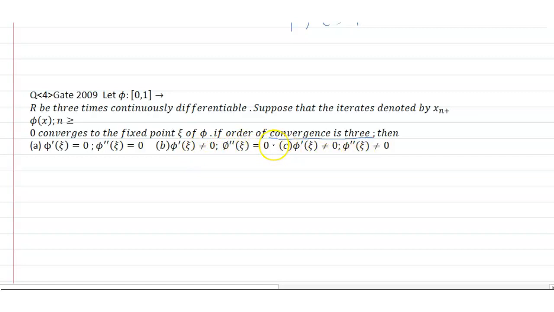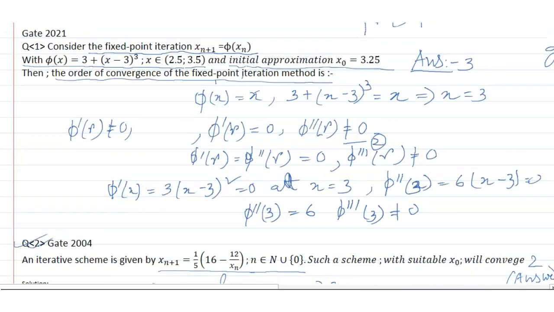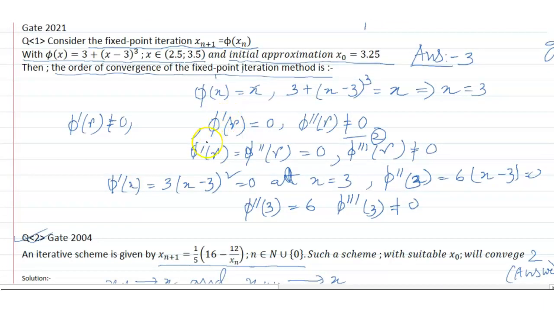I have three options. So friends, you must see that in my previous problem I have already discussed that phi(x) is equal to x.